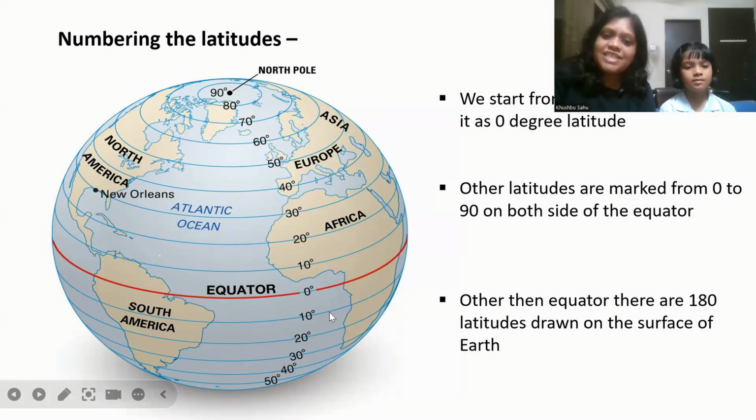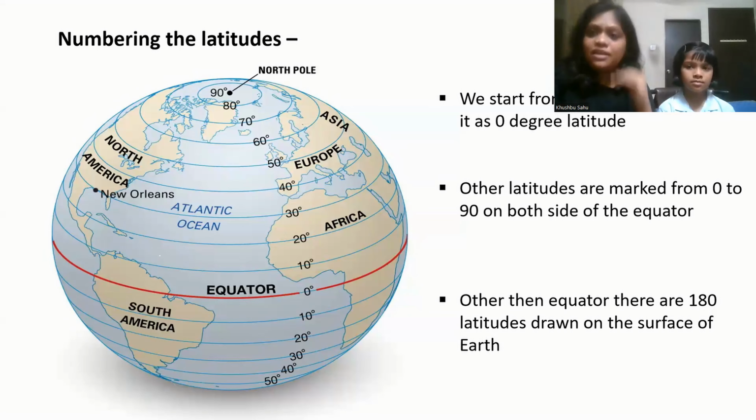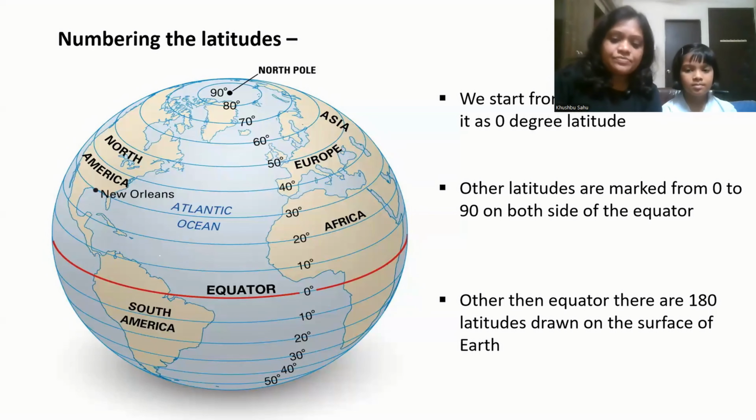In the same way, in the south direction also we are numbering the latitudes 10, 20, 30, 40, 50, 60, 70, 80, 90. And 90 degree south is considered which pole? South Pole. So apart from the equator, there are 180 latitudes present on our Earth's surface.